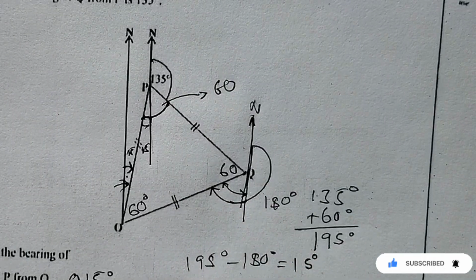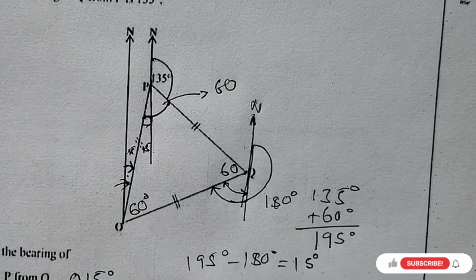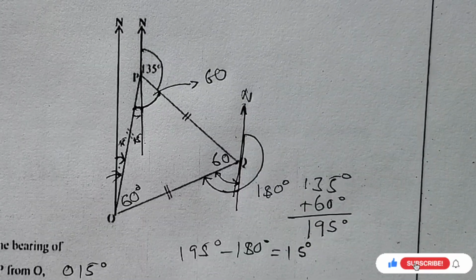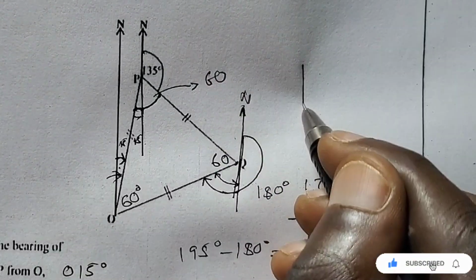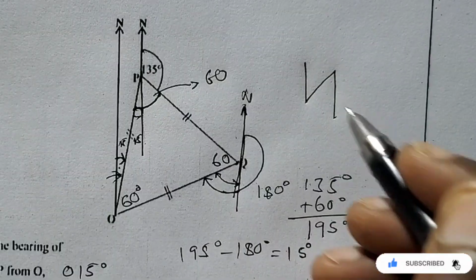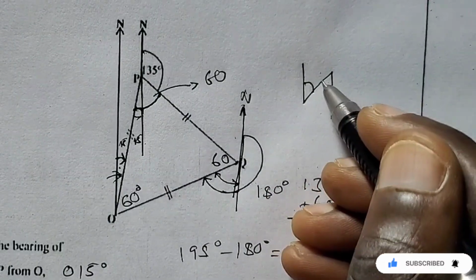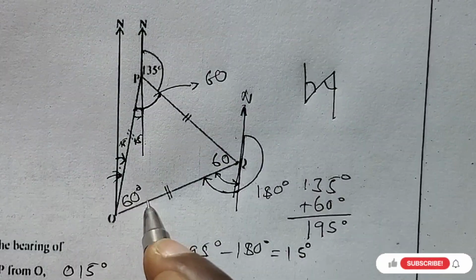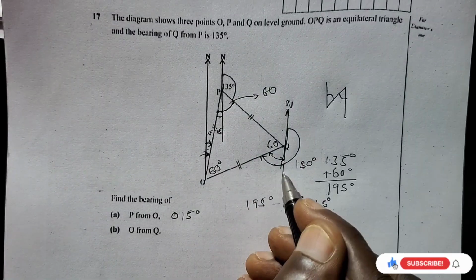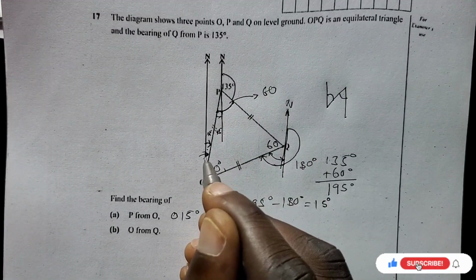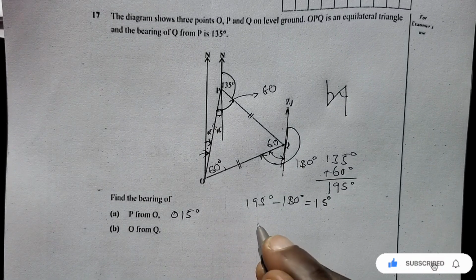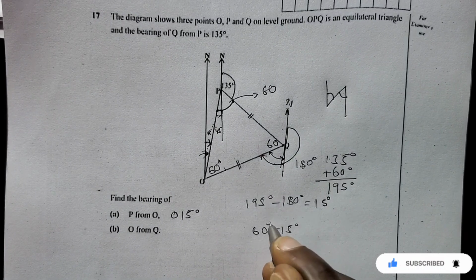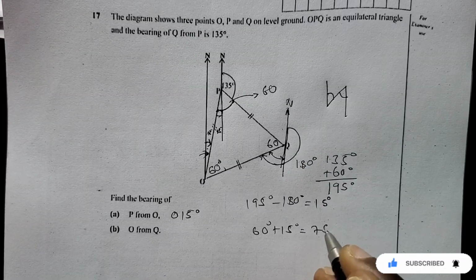Now we're going to use the value of alternate angles. So this shape, or the Z shape, something like this, this angle which is here is equal to this angle. So the angle from the north here up to this point is equal to this angle. So this is 60 plus 15, which is 75.